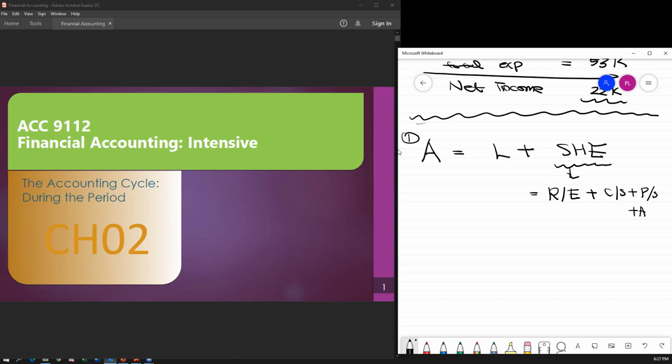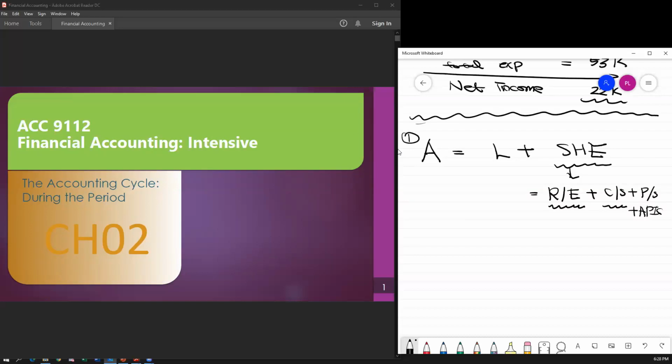There are additional paid in capital. There are a lot of things that are reported under shareholders equity. But for this course, as an introductory course, the most important part is retained earnings plus common stock. So think of it as shareholders equity equals retained earnings plus common stock plus some other items.